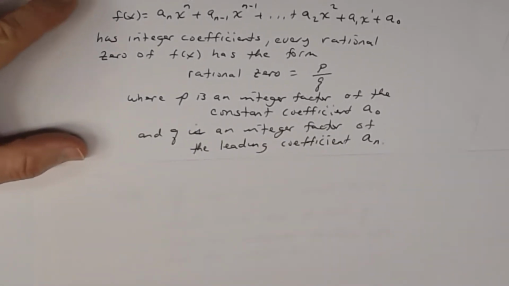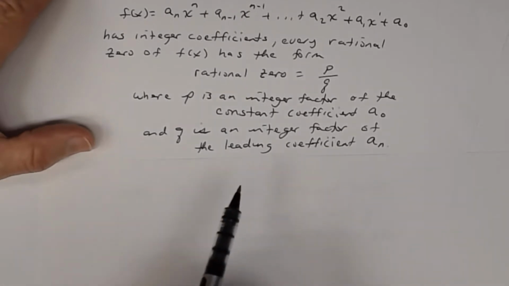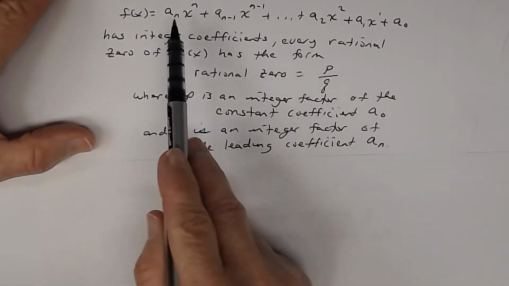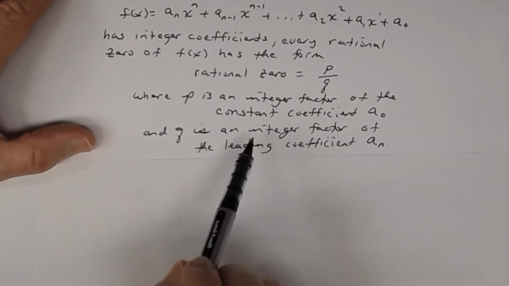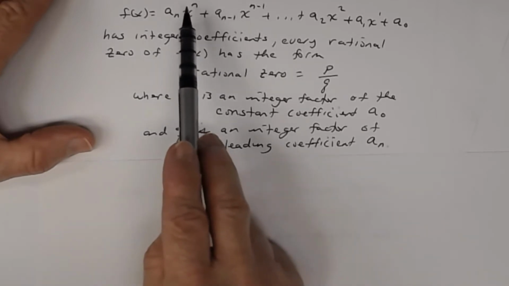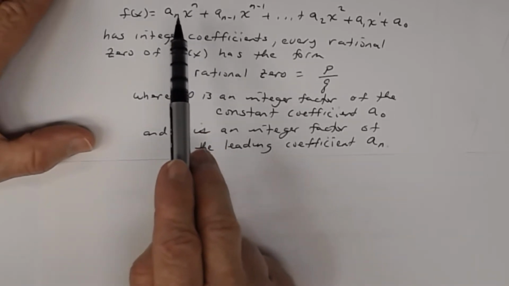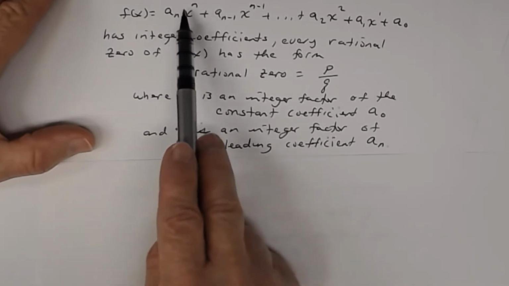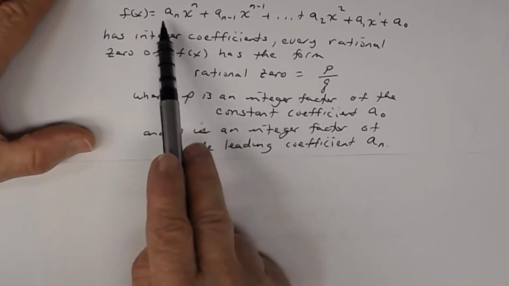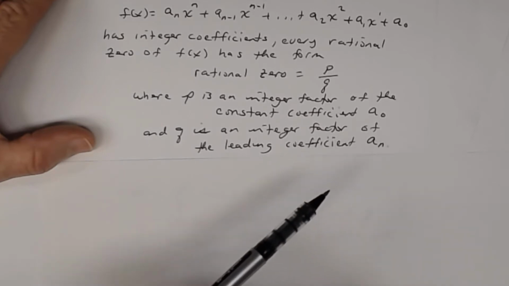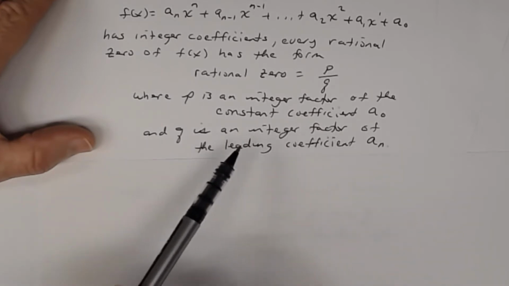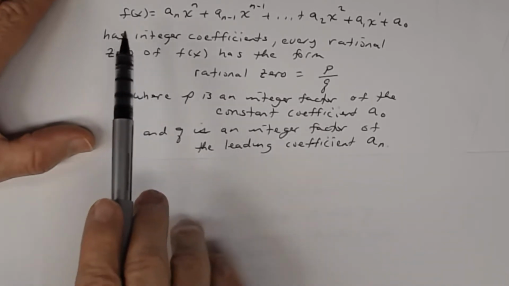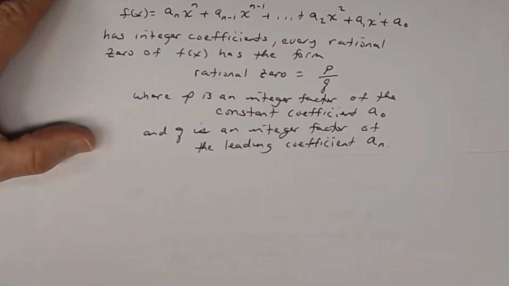Q is an integer factor of the leading coefficient. Remember, the leading term is the term with the largest exponent. Doesn't mean it's the first term that you see listed. So a sub n is the leading coefficient, and Q would be an integer factor of the leading coefficient.